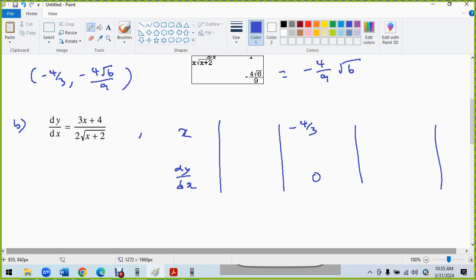Okay, so negative 4 over 3 is actually negative 1.33333. So if I have a number line here, negative 1.333. So after that, smaller than this will be around negative 1.4. And bigger than this, negative 1.3.